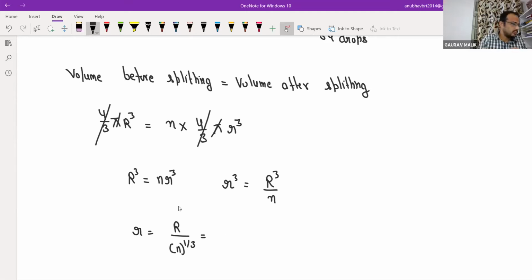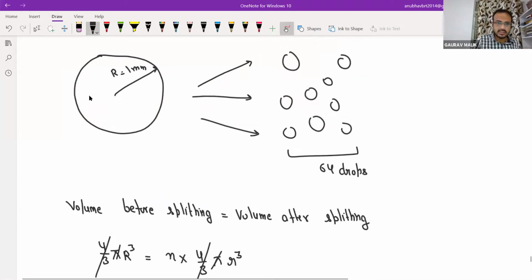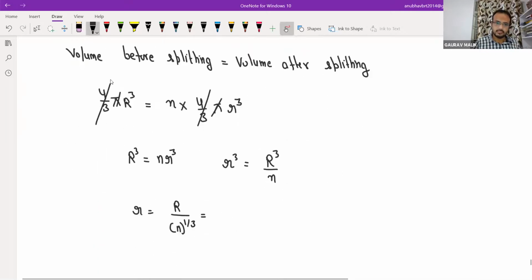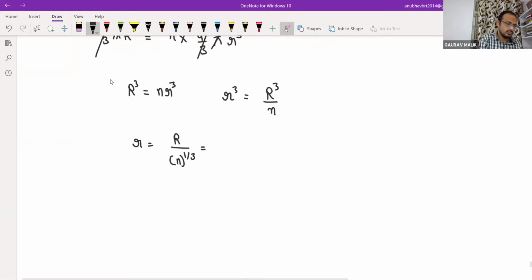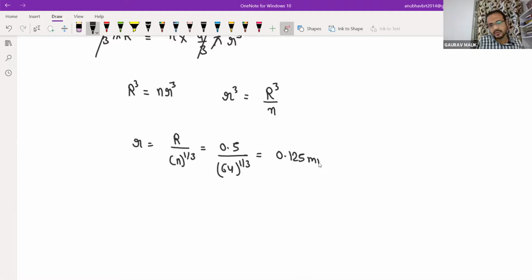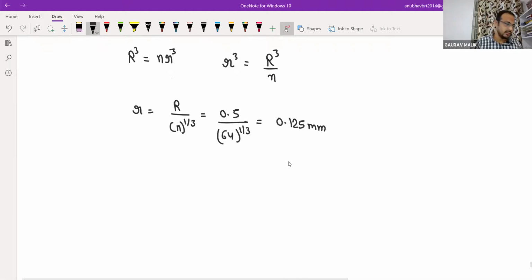Diameter 1 millimeter, so the radius is 0.5 millimeter, not 1 millimeter. So you will get 0.5 millimeter divided by 64 to the power 1 by 3, that is 0.125 millimeter. Is it okay?